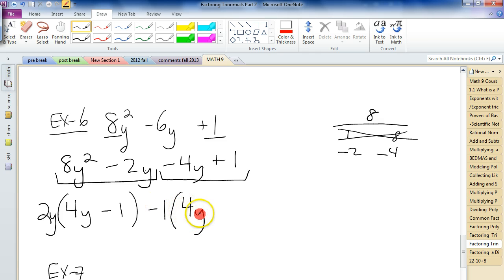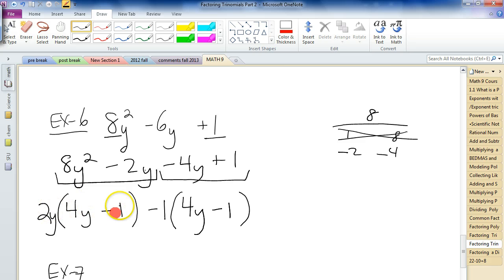See, negative 1 times 4y gives us negative 4y. And what times negative 1 gives me positive 1? Another negative 1, because a negative 1 times a negative 1 is positive 1. So you got to be careful with the negative signs.